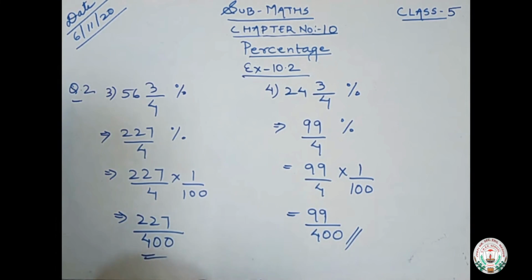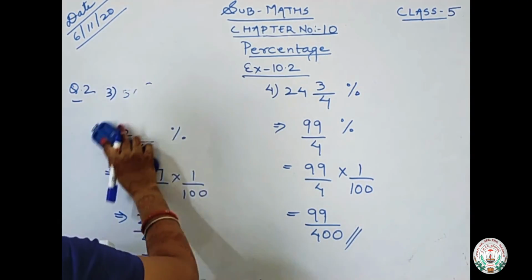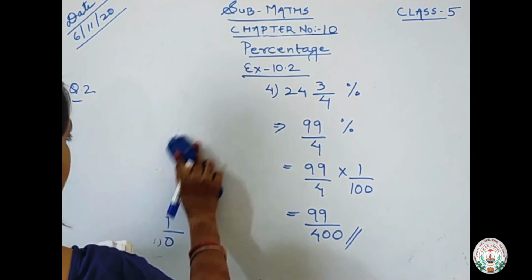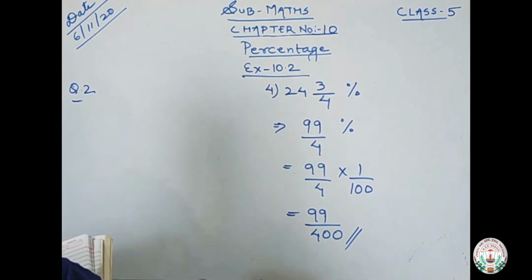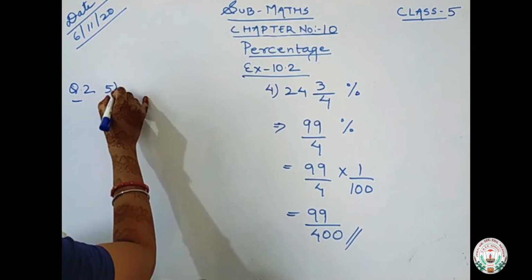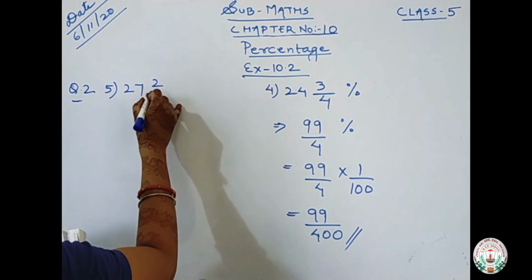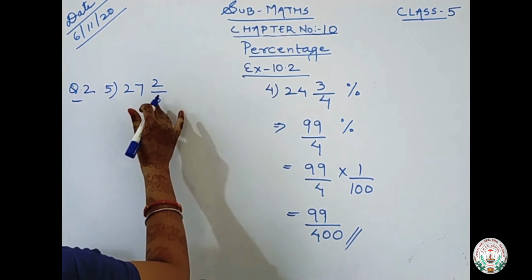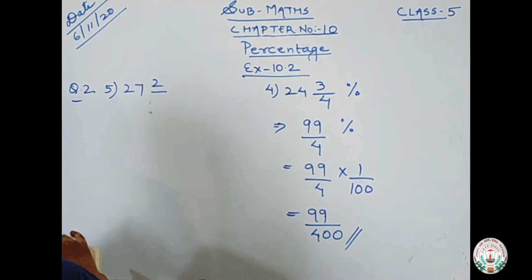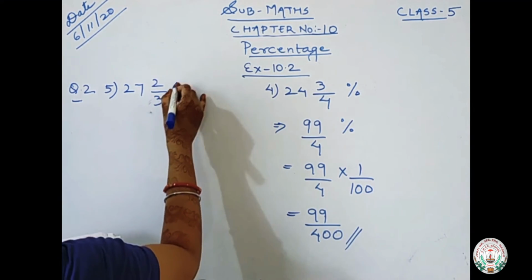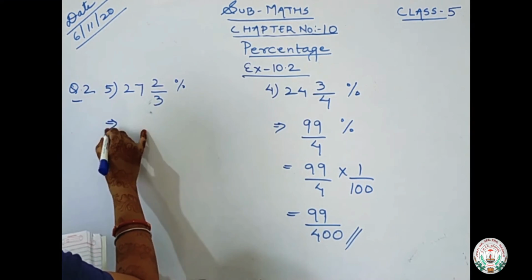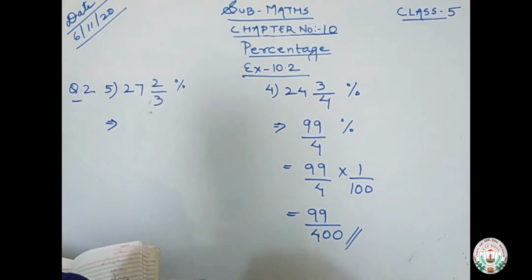Number 5 is 27 2 by 3%. Same procedure. First we will convert the mixed into normal fraction.